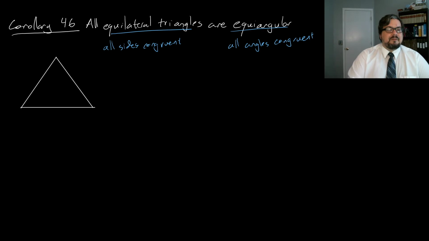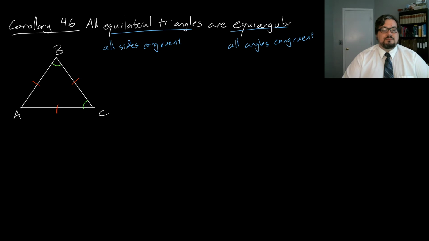If I have an equilateral triangle, well then, if I look at the side AB and the side AC, those two sides are congruent, and therefore the angles opposite them are congruent.